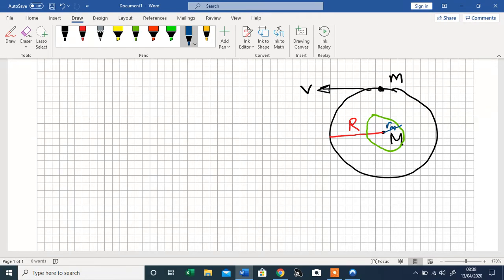And if you remember back to the previous two videos, I had a force exerted on the satellite directly acting towards the centre of the planet. We'll draw that in. So the force acting between the satellite and the centre of Mars is F, basically.